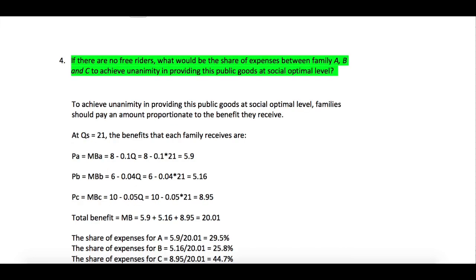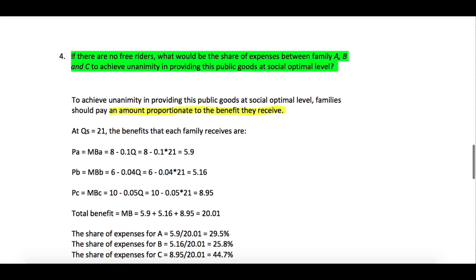And the final question. To achieve unanimity in providing these public goods at the social optimal level, a family should pay an amount proportionate to the benefit they receive, or the more benefit they get from these public goods, the more money they should pay. To determine the share of expense, we need to determine the benefit each family could receive at the level of output QS equal to 21.